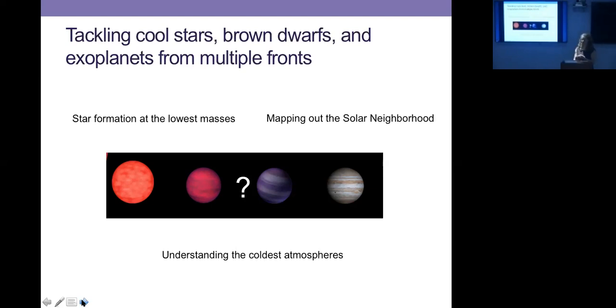We also have a not fully complete picture of what the solar neighborhood looks like at the lowest mass end, so we're searching for more objects out there that could be some of our nearest neighbors. And lastly, we don't really have a good grasp of the coldest atmospheres and what is going on, because there are so many molecules and a lot of interesting chemistry and physics going on inside these very gaseous giants. That's still a very big open question: probing what is going on inside these atmospheres.